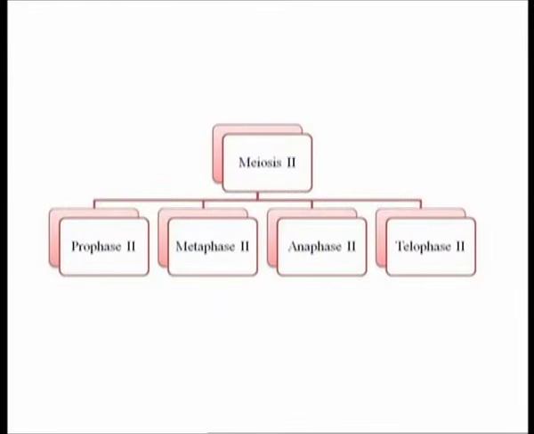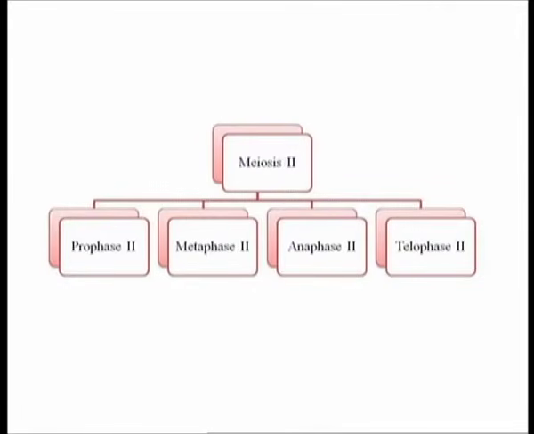The second meiotic division is essentially like mitotic division and is separated into the same 4 stages, that is prophase, metaphase, anaphase and telophase. These changes occur simultaneously in both the haploid daughter cells.